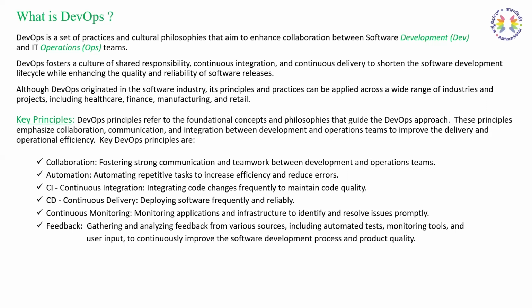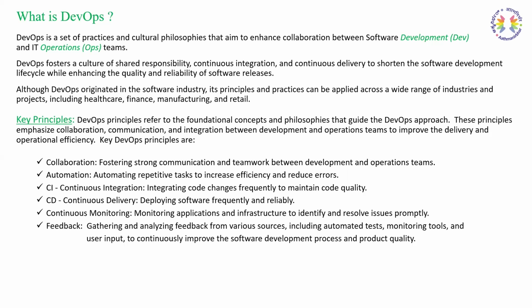The next key principle is continuous integration and continuous delivery. Continuous integration means regularly adding updates or changes to the main project and automatically checking them to find any problems at the early stage.